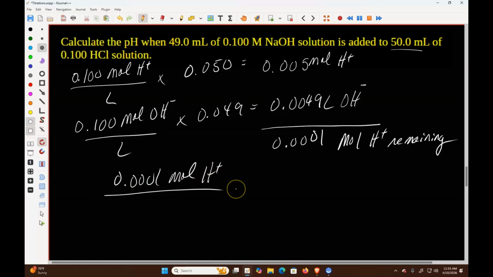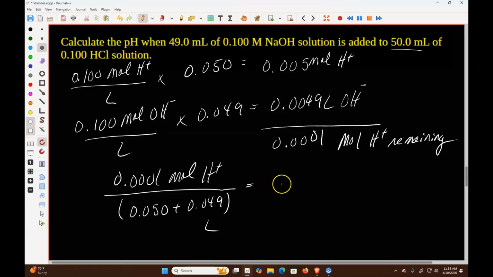Let's divide it by the total volume. So I had 50 milliliters, which is 0.050 liters, and I had 49 milliliters, 0.049 liters.